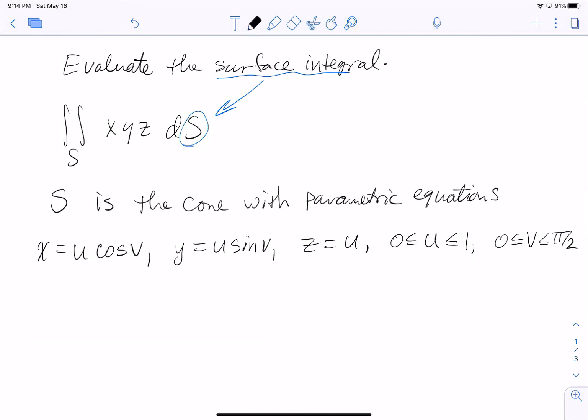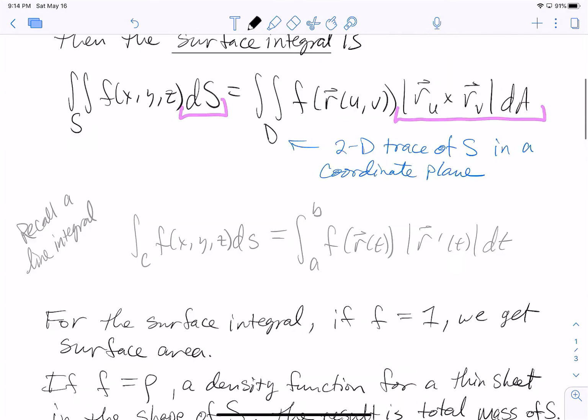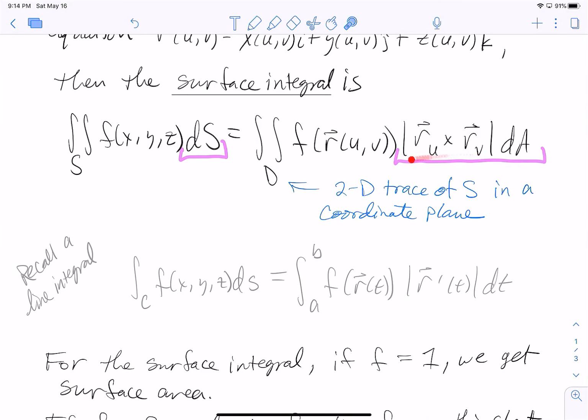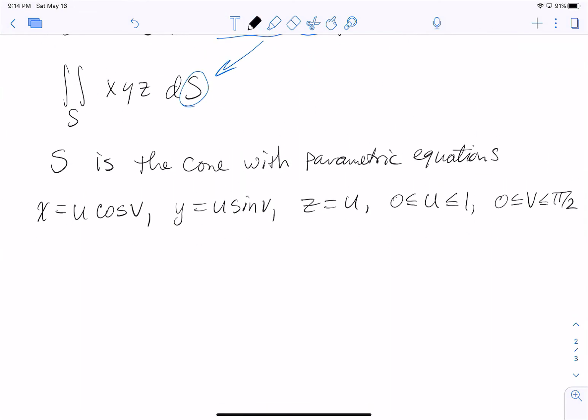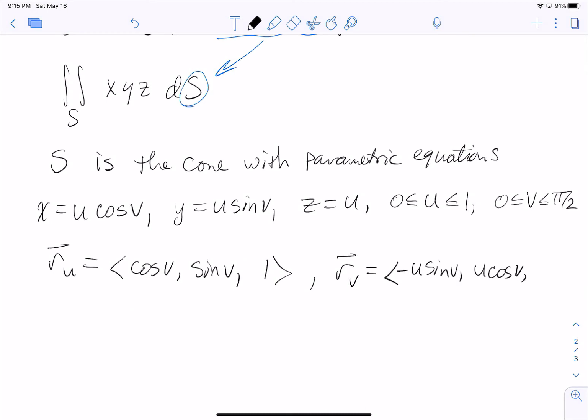All right. Well, we need r_u cross r_v and its magnitude. So r_u is equal to cosine of v, sine of v, 1. And r_v is equal to negative u sine of v, u cosine of v, 0.